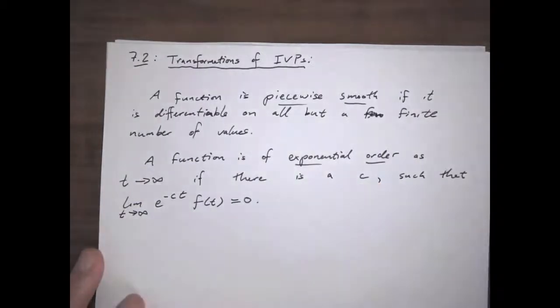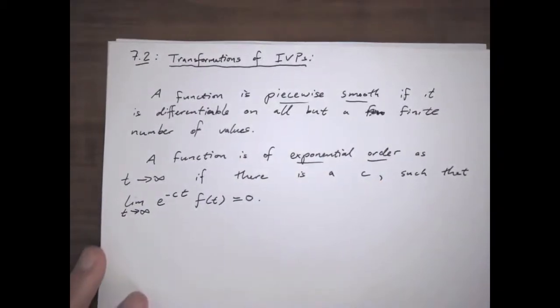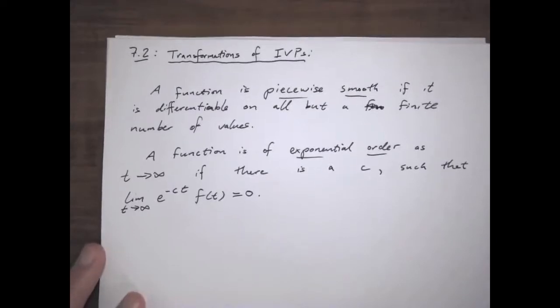In other words, the function grows slower than the exponential function, so it gets smothered by a negative exponential function.